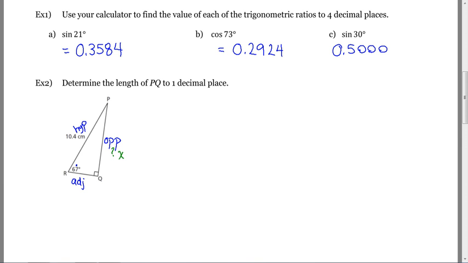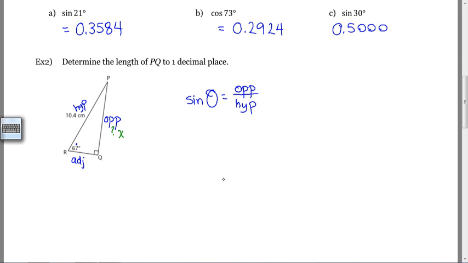So let's set up our ratio. We have sine theta equal to opposite over hypotenuse. So far, so good. Now let's sub in what we know. We know we have an angle, and we know we have our hypotenuse. We don't know what opposite is.